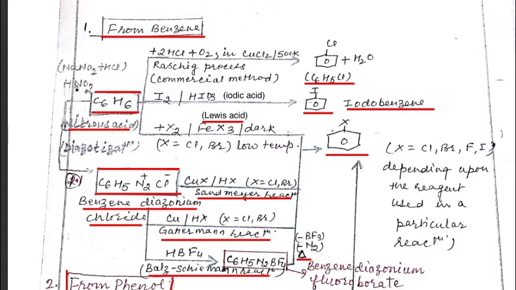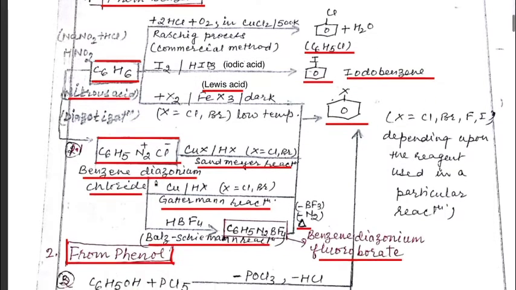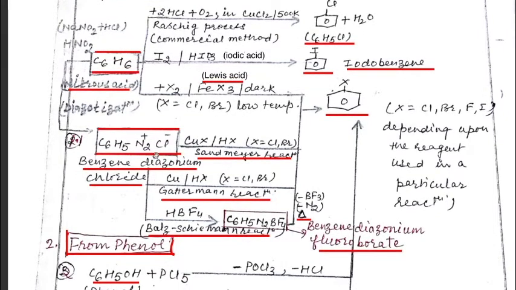In situ preparation means whenever we require HNO2, we prepare it in the reaction conditions only by mixing NaNO2, sodium nitrite, and HCl. So when benzene is mixed with sodium nitrite and HCl, it undergoes the diazotization process and we get benzene diazonium chloride, C6H5N2Cl. This benzene diazonium chloride can be used to prepare many aryl halides.